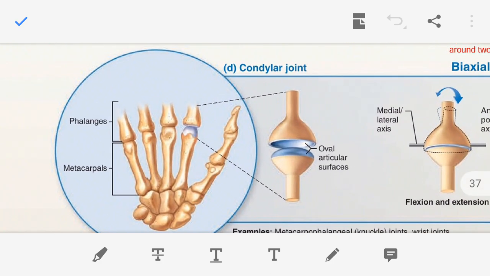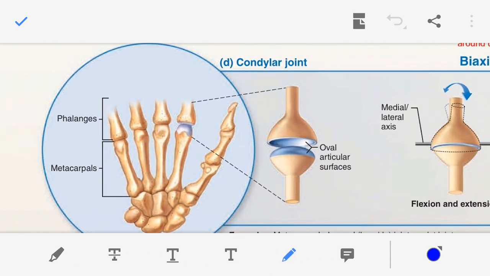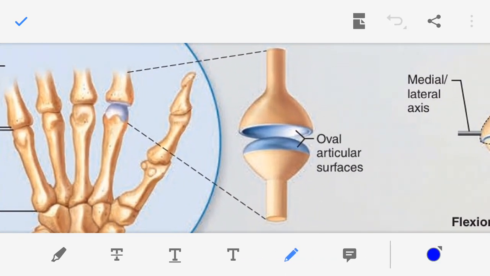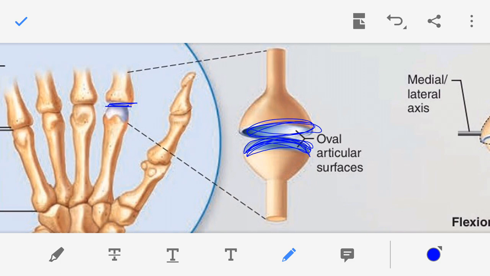For example, this is the metacarpal bone and this one is the phalange. So the joint between the metacarpal and phalange, this joint we are talking about. As you can see, the metacarpal has a convex surface and the phalange has the depression.